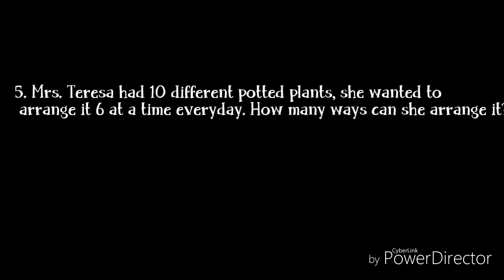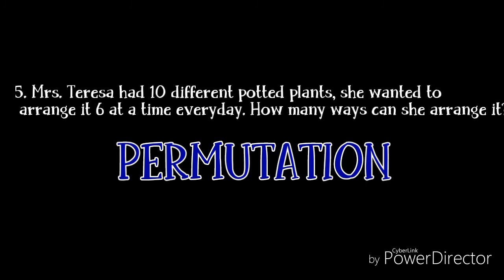Fifth, Mrs. Teresa had 10 different potted plants. She wanted to arrange them 6 at a time every day. How many ways can she arrange them? Answer: permutation. Why? Because of the keyword arrange.